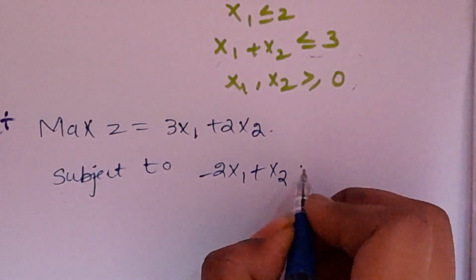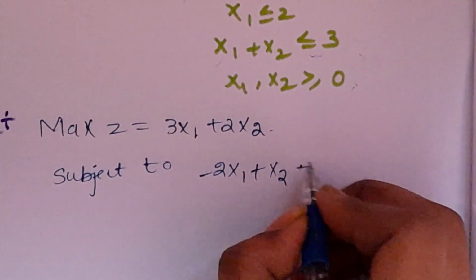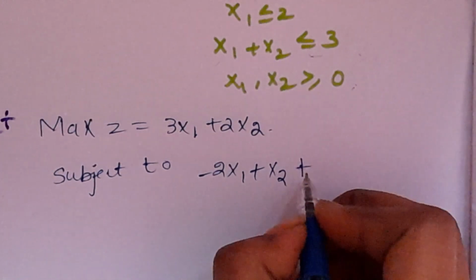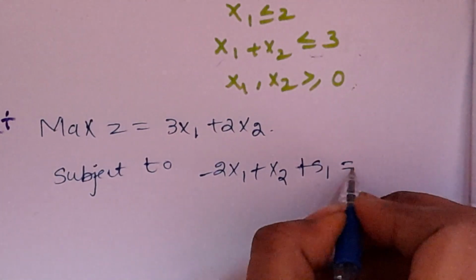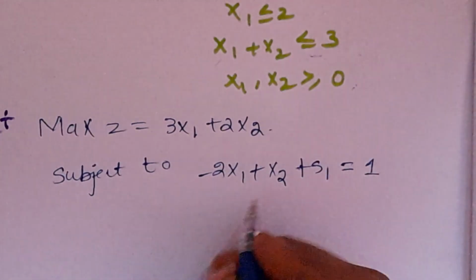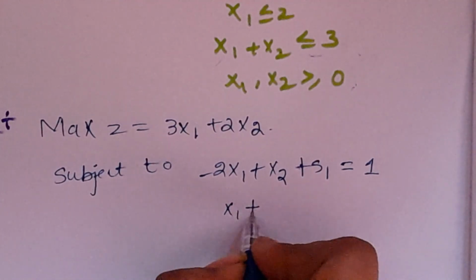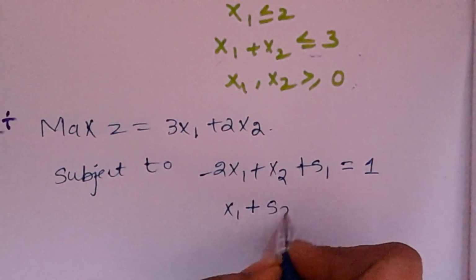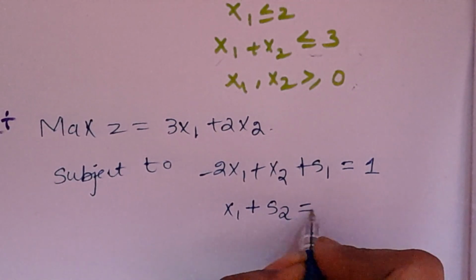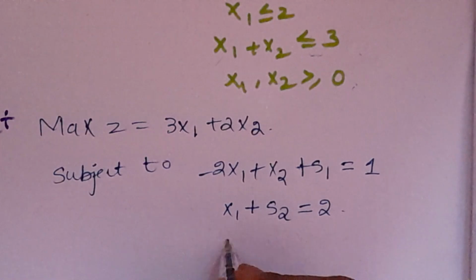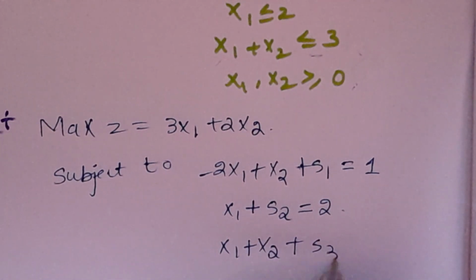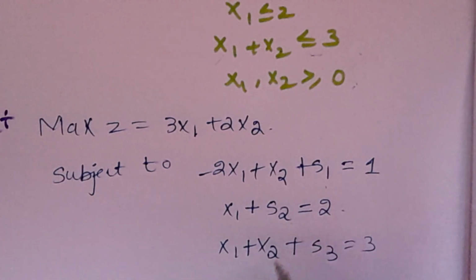Here we have to introduce some slack variables in order to make the constraints equalities. So plus s1 equals 1, x1, here we don't have x2, plus s2 equals 2, and x1 plus x2 plus s3 equals 3, with s1, s2, s3.